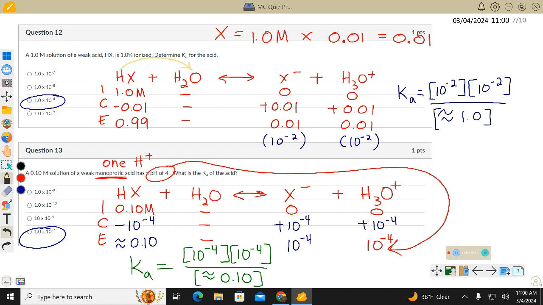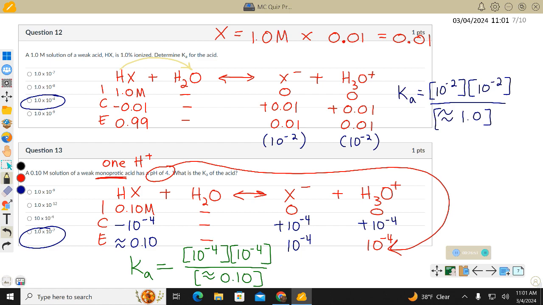But this time, instead of solving for x, we know that it dissociates by 1%. So we just take 1% of that original 1 molar solution, and x is 0.01. So we're going to bring the reactant acid down by 0.01 and the products up by 0.01.